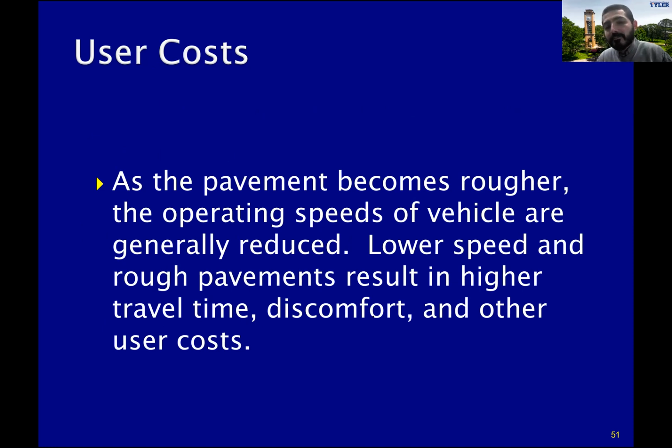As the pavement becomes rougher, the operating speeds of the vehicles are generally reduced. So if it's a rough structure, your speed is going to be lower, and therefore you're going to spend more time on the pavement, the travel time is going to increase, the discomfort is going to increase, and other user costs will also increase.